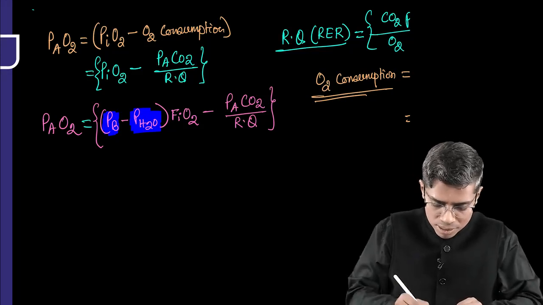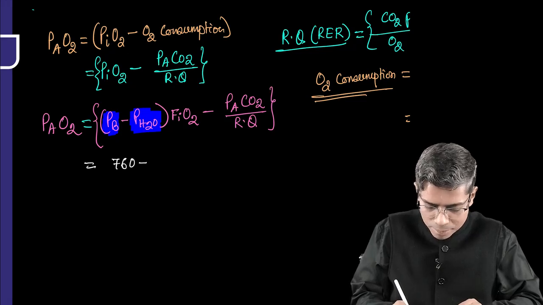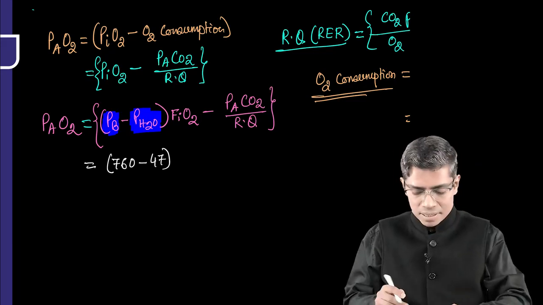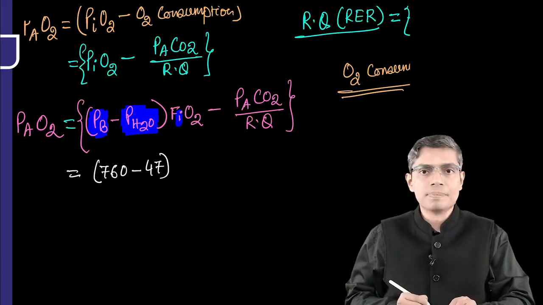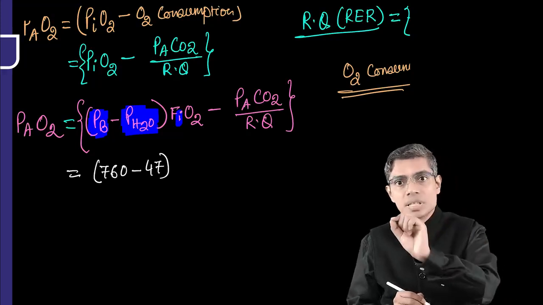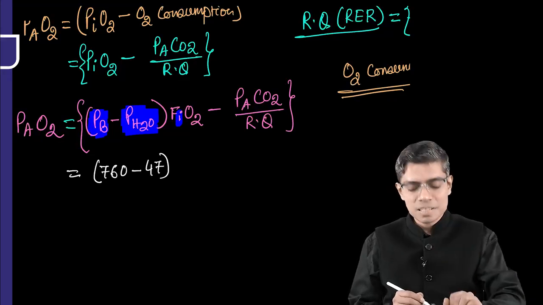So if I put all these normal parameters here, 760, PH2O is 47 at 37 degrees centigrade. FiO2, so this I stands for inspiration. F is the fraction of oxygen in the inspiratory air.